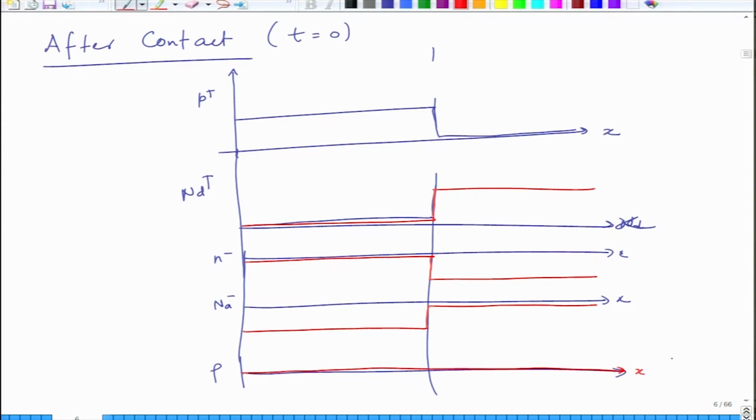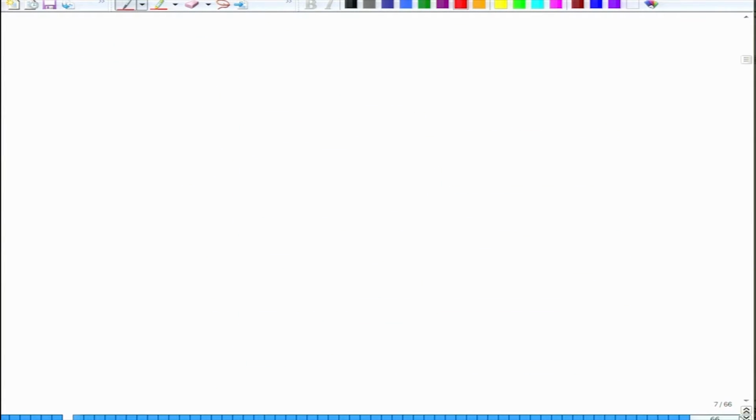This is at time t is equal to 0. So this is 0, this is 0. You can see that now when you put them together, there is a gradient in each of the charge. There is a gradient in positive charge, there is a gradient in the negative charge. So when you stick them together, there is a gradient.